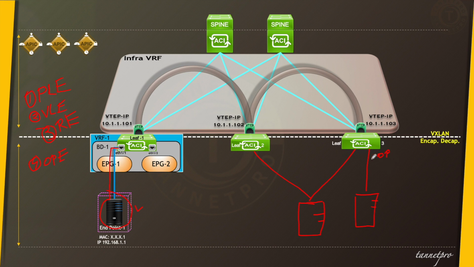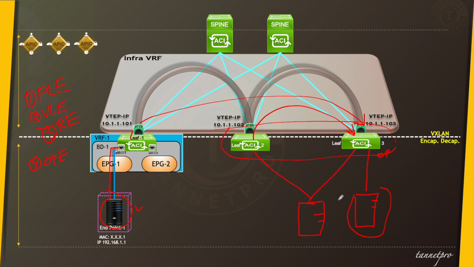So this orphan port will be treated as an on-pair endpoint because it's a remote endpoint for this leaf switch and also for this leaf switch, right? For both of them it's an endpoint, but as these endpoints get learned using the VPC configuration or VPC flow, in that case we understand them as on-pair endpoints.